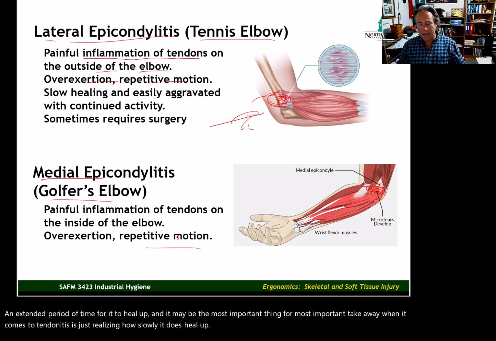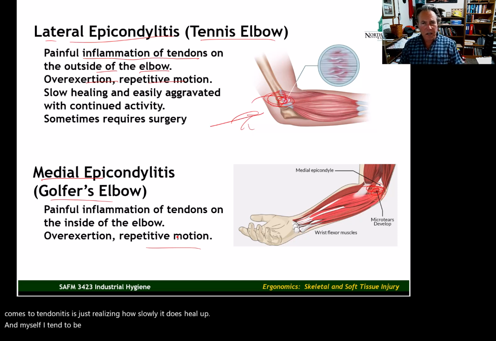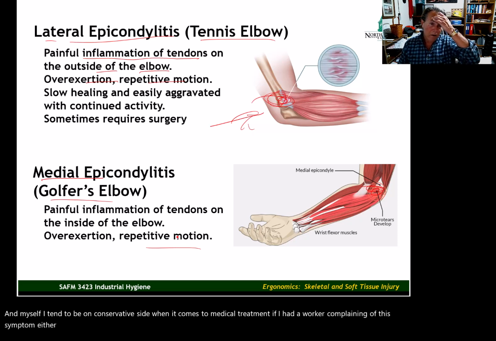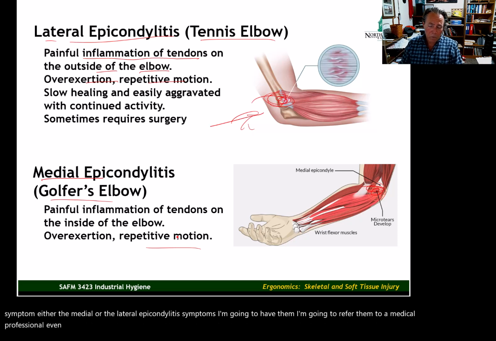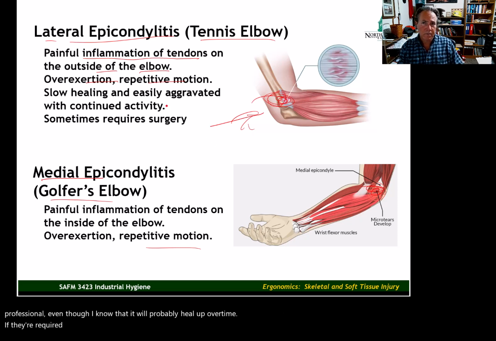And myself, I tend to be on the conservative side when it comes to medical treatment. If I had a worker complaining of this symptom, either the medial or the lateral epicondylitis symptoms, I'm going to refer them to a medical professional, even though I know that it will probably heal up over time if they're required to rest.